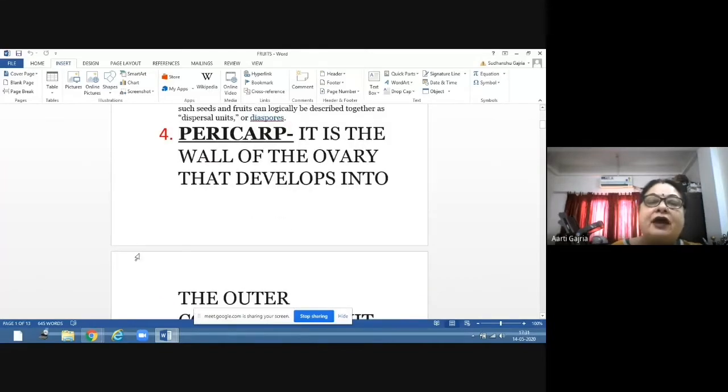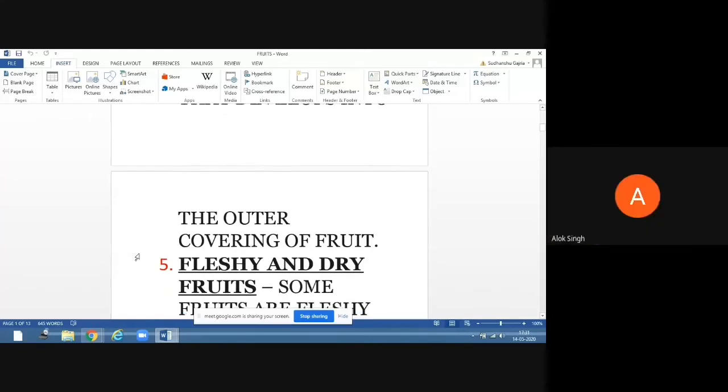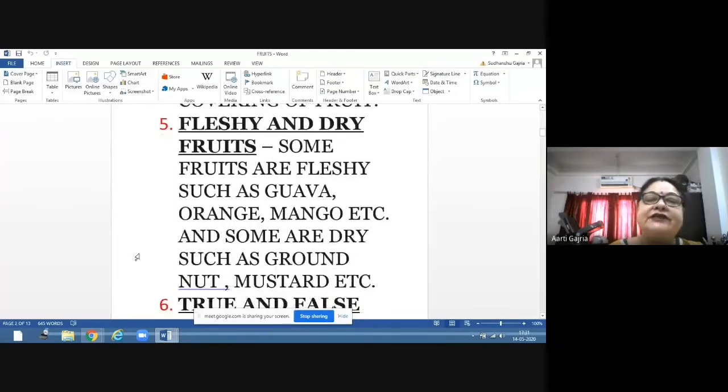So pericarp means the covering of the fruit. Now fruits can be divided into fleshy and dry, as I told you, dehiscent and non-dehiscent. Fleshy means they have flesh, such as guava, orange, mango, and some are dry, such as groundnut, mustard.